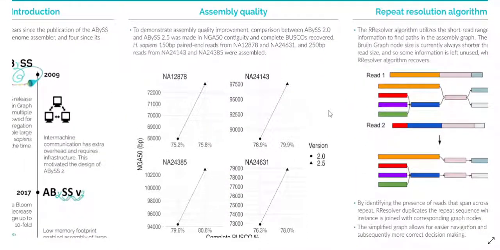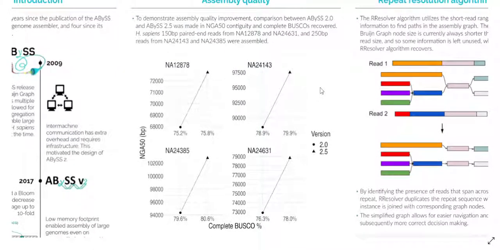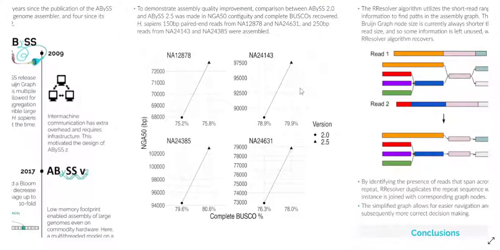To demonstrate the improvement in assembly quality, we have taken 4 human data sets, 2 of 150 base pair paired end reads and 2 of 250 base pair reads. These were assembled with ABySS 2.0 and ABySS 2.5.